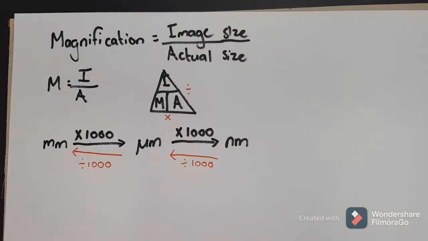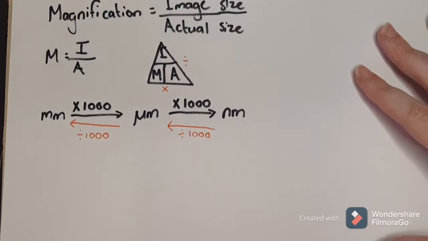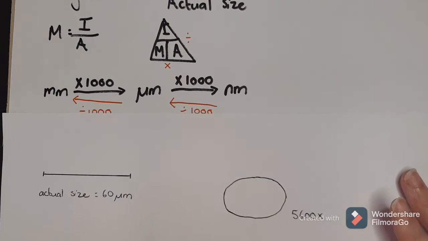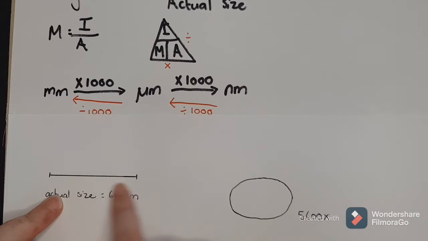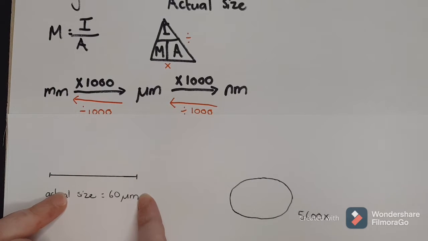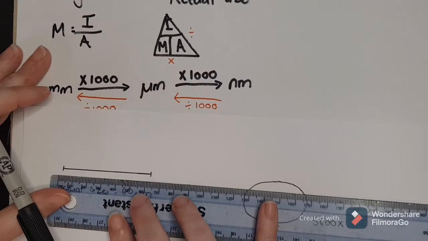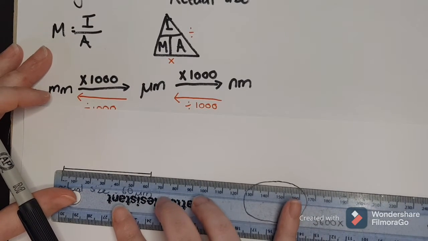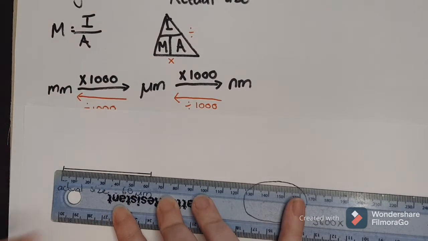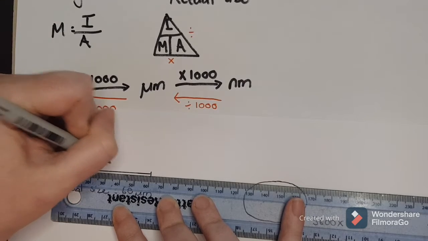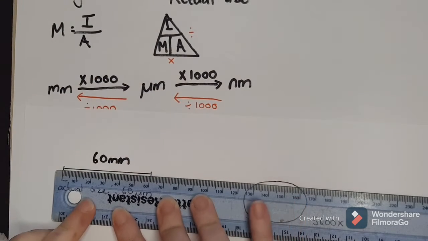So if we look at examples of how we're going to use this formula, I have a line here, and I'm told that this line's actual size is 60 micrometers. The first thing you do is measure the line from end to end, and on there I can see that this line is 60 millimeters long.